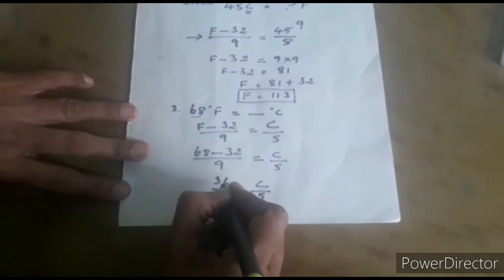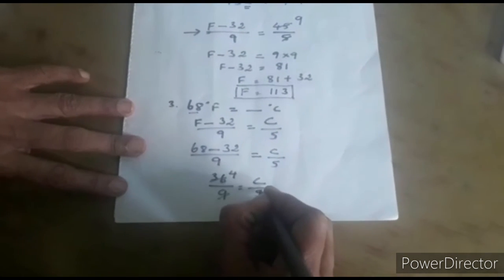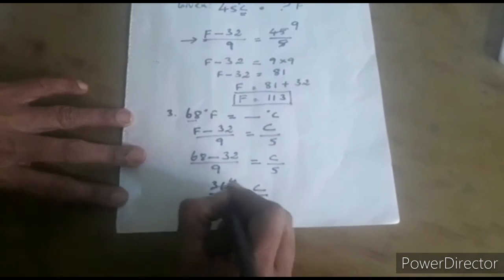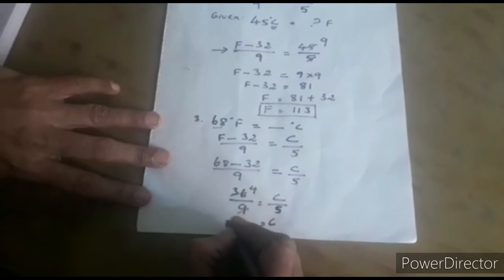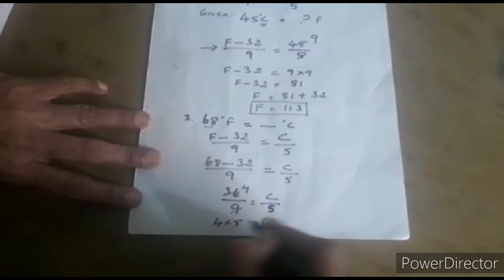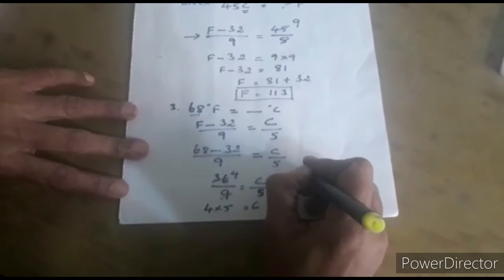So 9 fours are 36, isn't it? So C is equal to, when it is in division and comes to the other side, it will be multiplied. So 4 into 5. The answer is C is equal to 20.